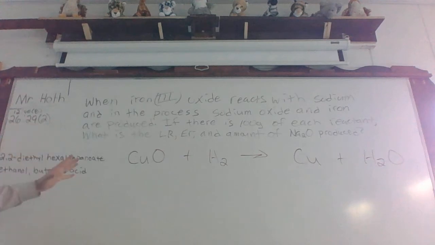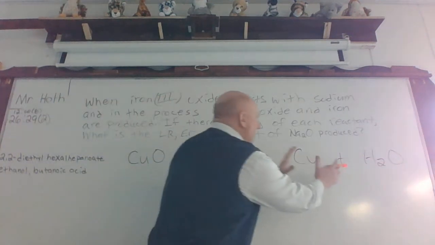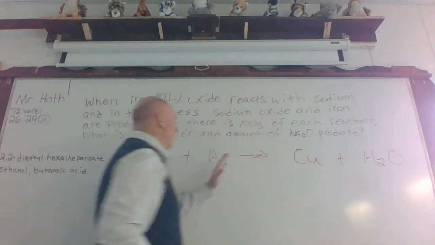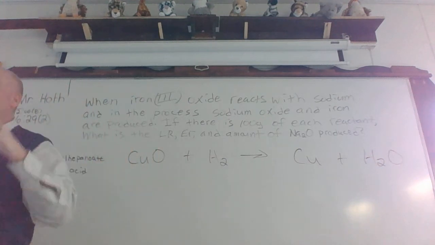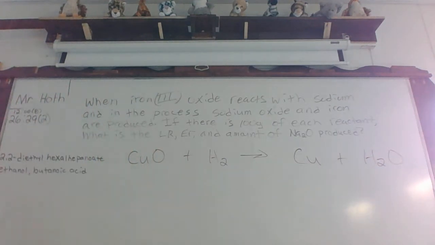One, you can pick one of your products, and whichever reactant produces less of that product is your limiting reactant. Or you just stay on the left-hand side of the reaction and compare what you have to what you need. Or would you rather just look at both of them?